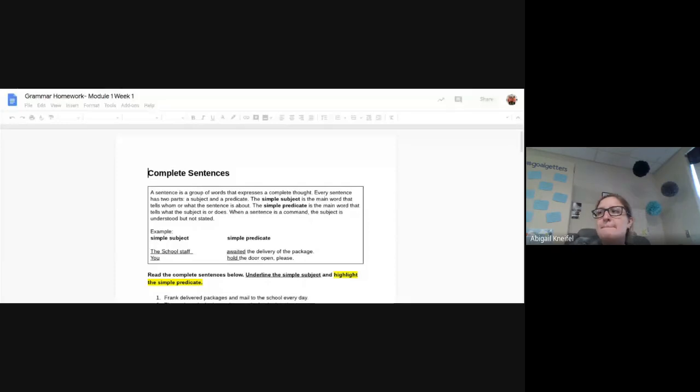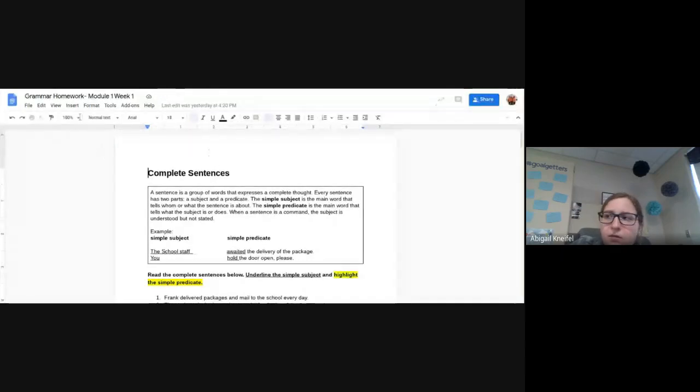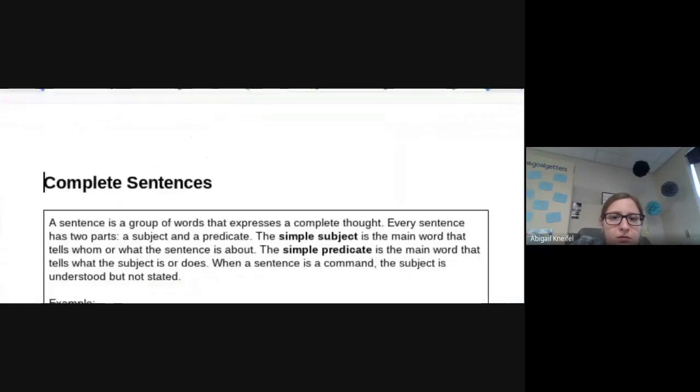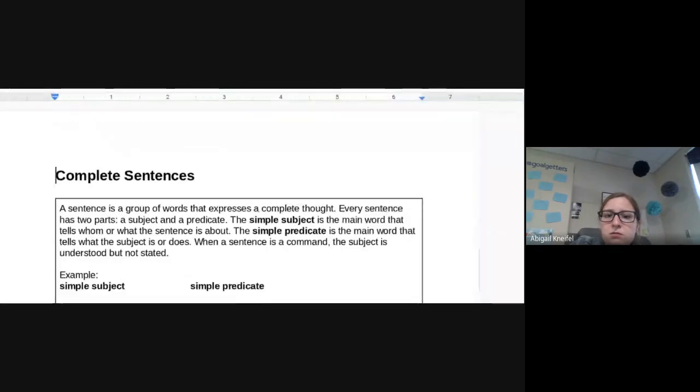Okay. For some reason it looks far away. Let me see if I can zoom in a little bit. Oh no, too much. Oops. Too much. Okay, that's a little bit better. That'll be good enough.